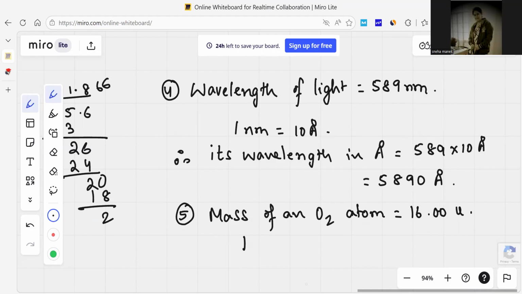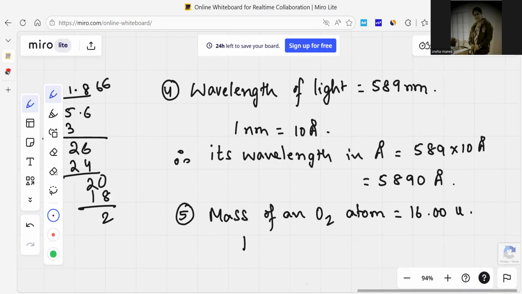So what do you think? Recall all the formulas that you know, because this type of relations must be known to you. How is one atomic mass unit related to kg? So tell me, how is it related to kg?